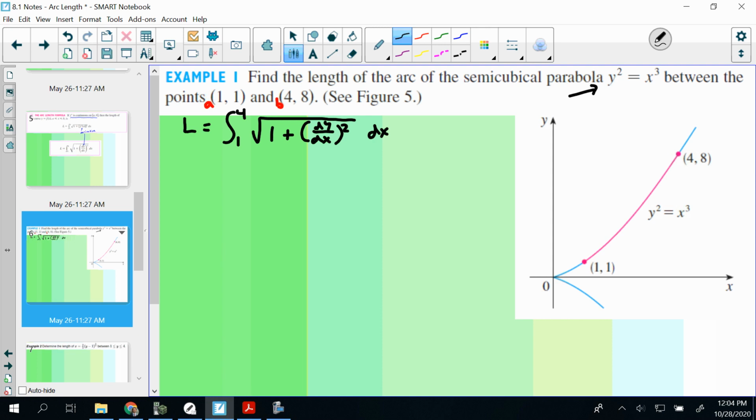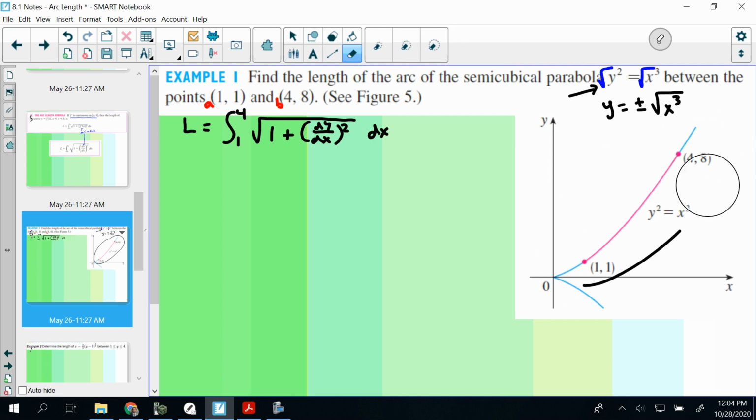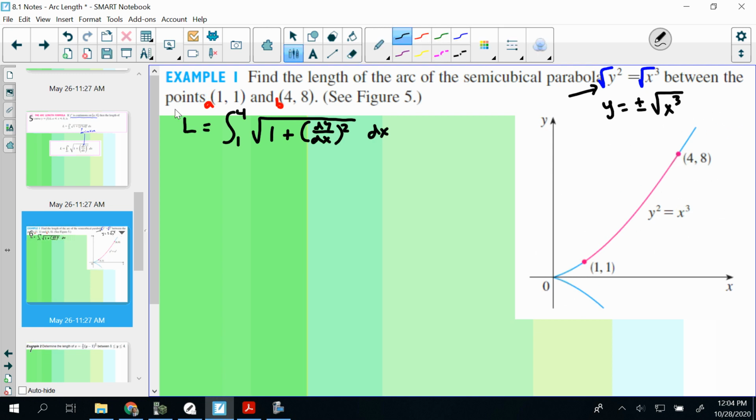So what is this derivative going to be of this function? Two ways we could find that. We could use implicit differentiation, or we could solve for y. I think we could solve for y by square rooting both sides. If you do that, it really is going to end up being plus or minus the square root of x cubed. We can see from our graph, though, that we are in the positive region, so I don't think we have to worry about the negative.